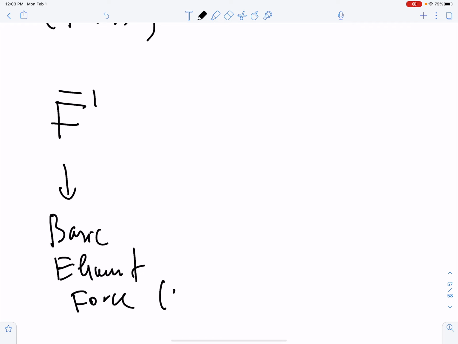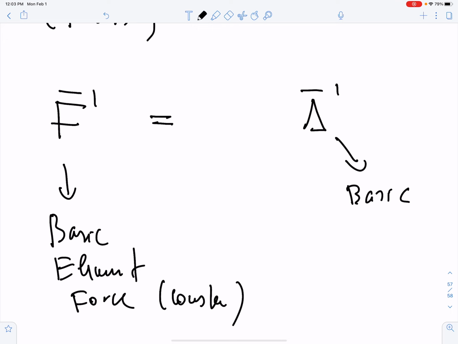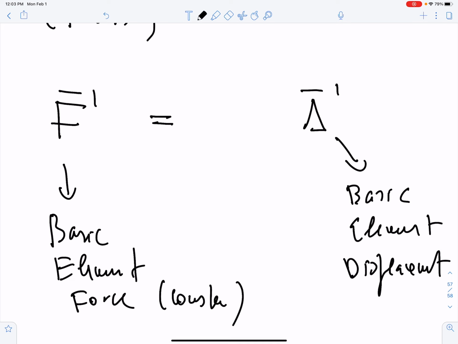Okay, and it's constant throughout the element, equals to delta bar prime. This guy we call basic element displacement. And the two are related through K bar prime.